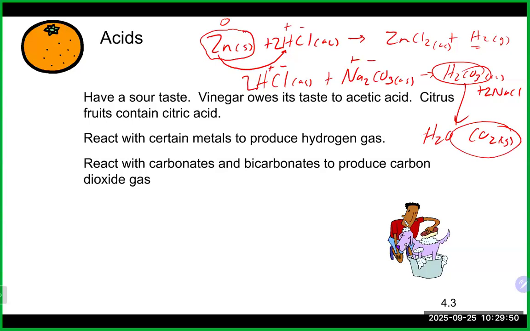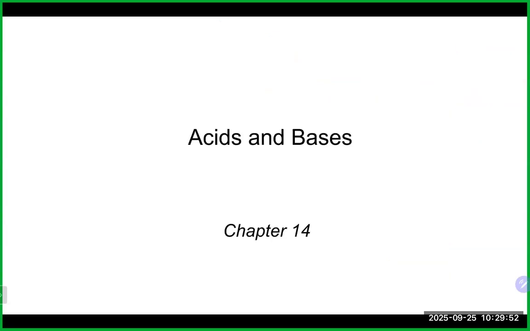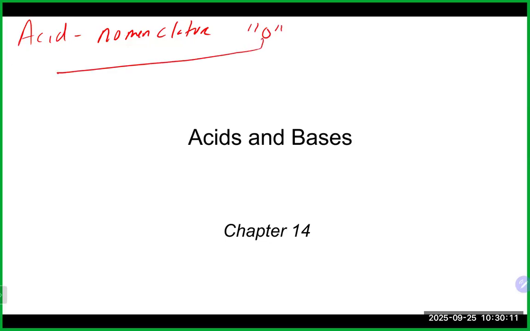Before we go too far, just a reminder, which again you should hopefully know, but in terms of acid nomenclature, to name them, acid naming is all about oxygen and whether or not there's oxygen in the formula. If there is no oxygen in the formula, the acid is hydro-something-ic acid.